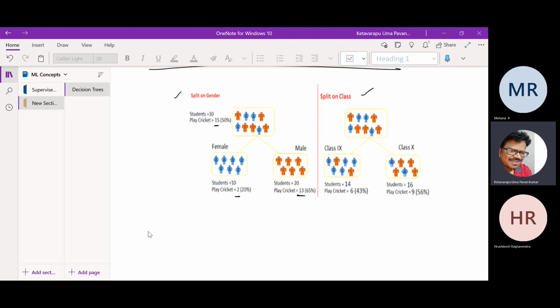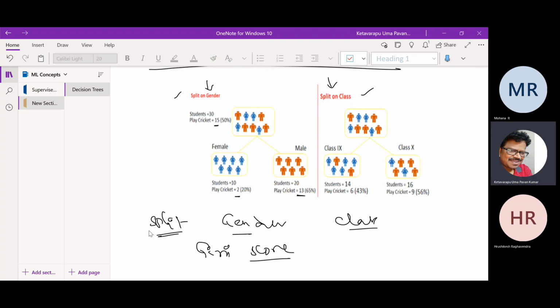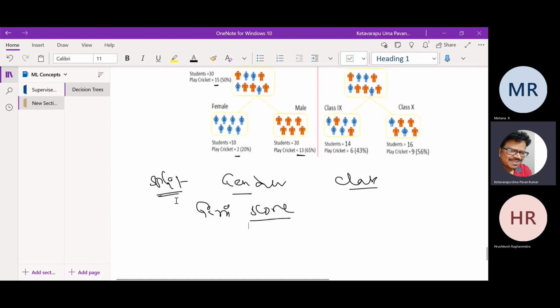Now our interest is to check whether I should go with the gender or class, because as I said, split. Based on which kind of thing are we considering, gender as well as the class, and based on the Gini score. Based on the Gini score, we need to decide whether we should go with the gender or the class.